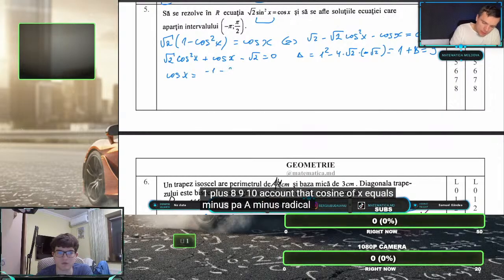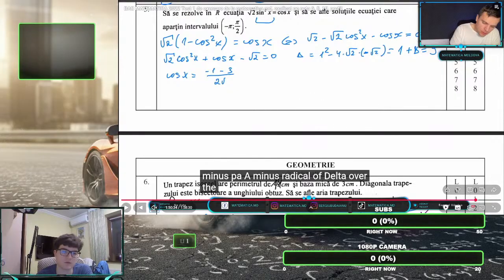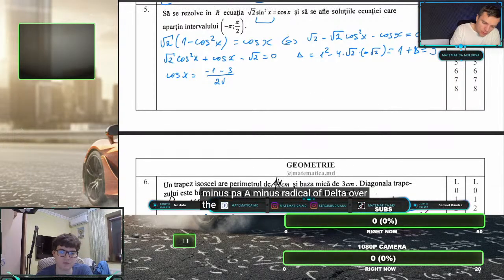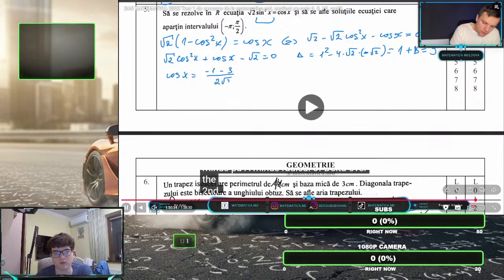We gotta solve cos x when we ain't solving x1 right here. That's what I'm seeing here, in the understandable measures stuff. Minus 1, minus 3, like this. And below we got 2 square root of 2.